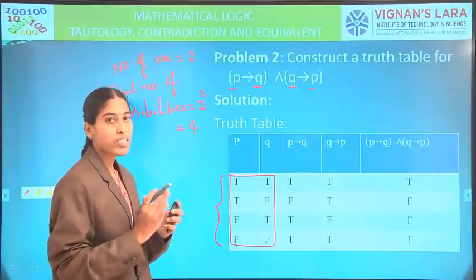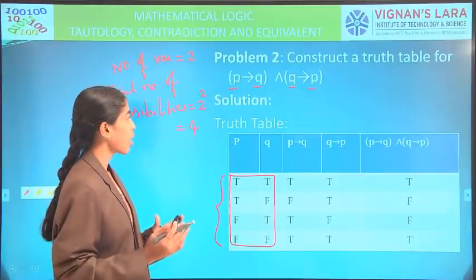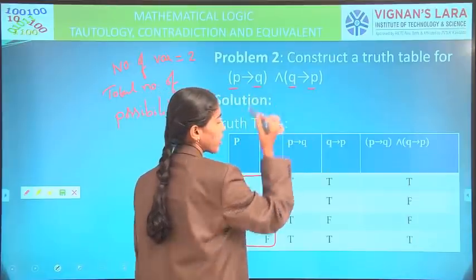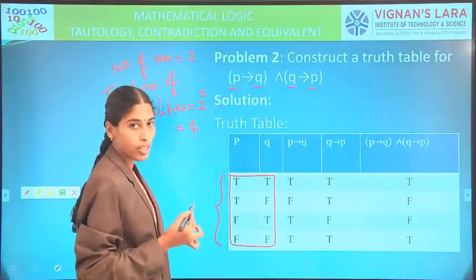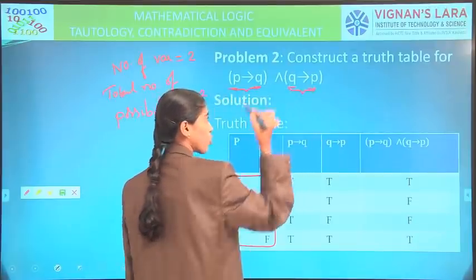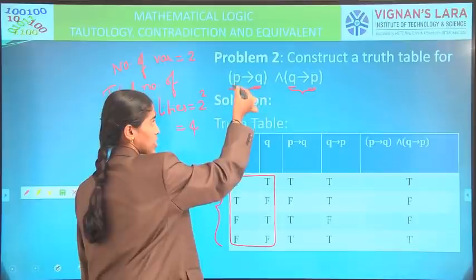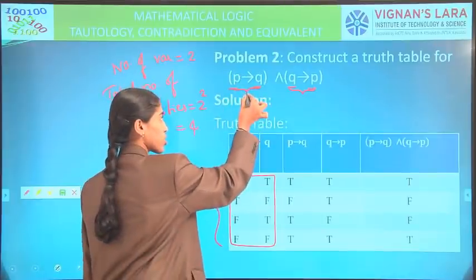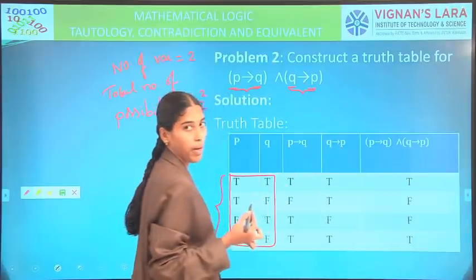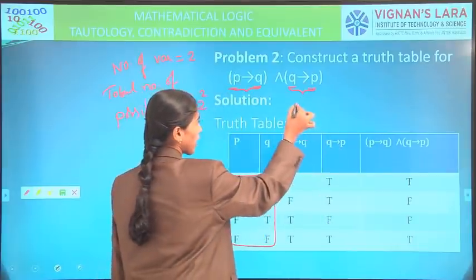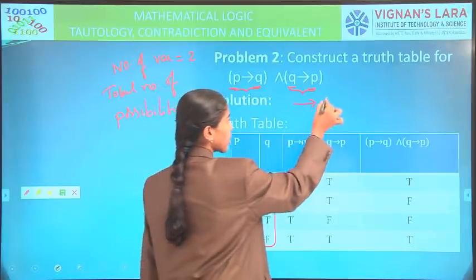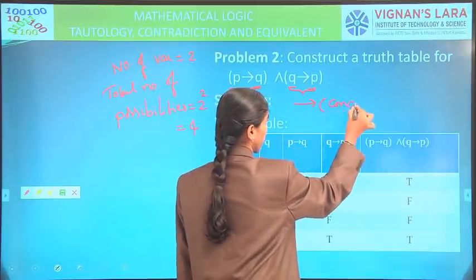Then stepwise we need to construct every column because here we require P conditional Q, Q conditional P. To find out that, we split this first of all into 2 parts according to the parenthesis, otherwise brackets. So P conditional Q is the first part, then Q conditional P is the second part. So what is meant by conditional? Conditional or implication.